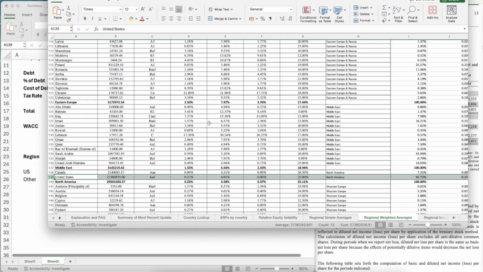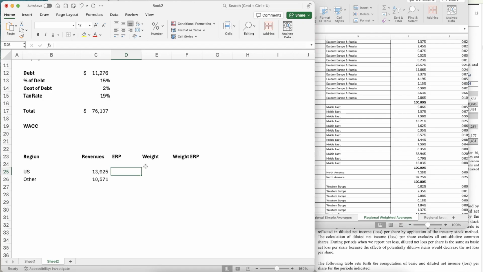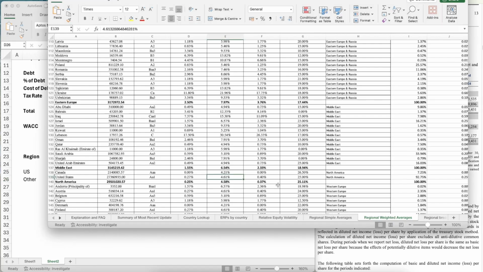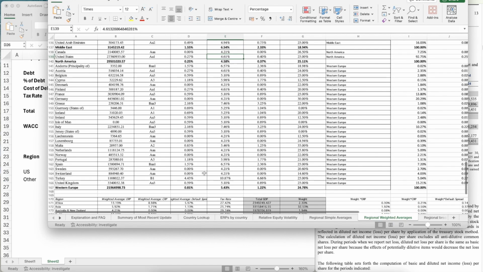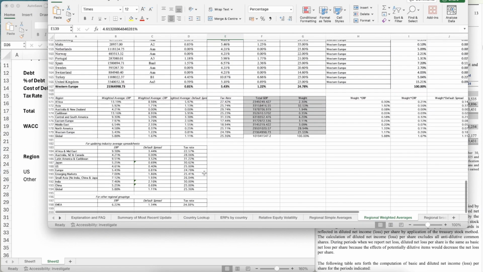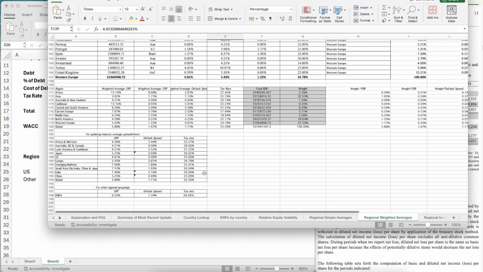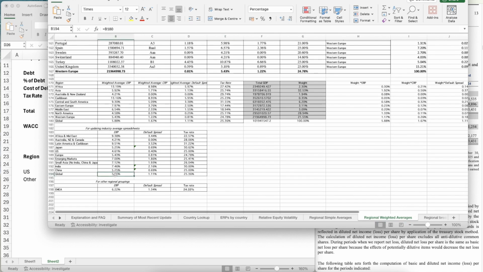So we know the ERP for the US is 4.61%. And what we're going to do now is just delete this one.